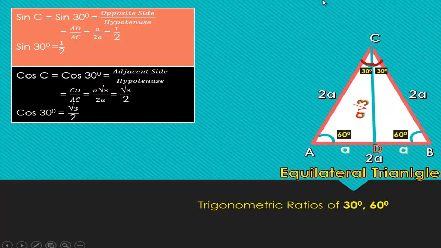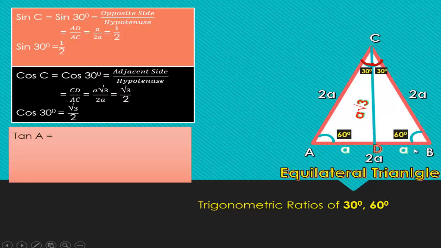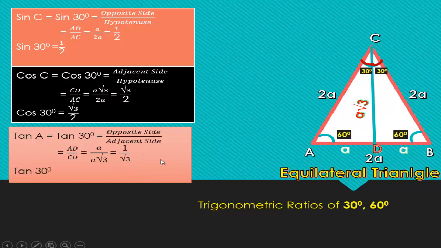Next, tan C, that is tan 30. Tan 30 means opposite side by adjacent side, that is AD by CD, that equals AD means A, CD means A root 3, that is A by A root 3. A gets cancelled, it remains 1 by root 3, that is tan 30 equal to 1 by root 3.